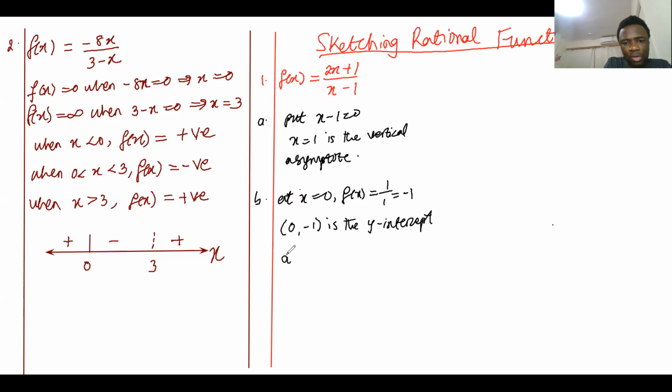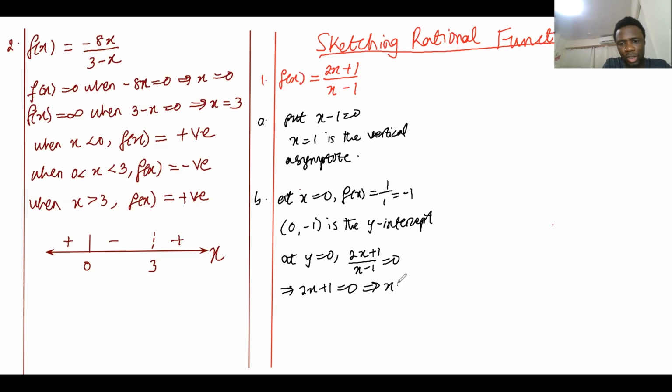Then at y equals 0, this is from last lesson or maybe previous knowledge. At y equals 0, it means (2x plus 1) over (x minus 1) equals 0. And when this fraction is equal to 0, it means the numerator is equal to 0.